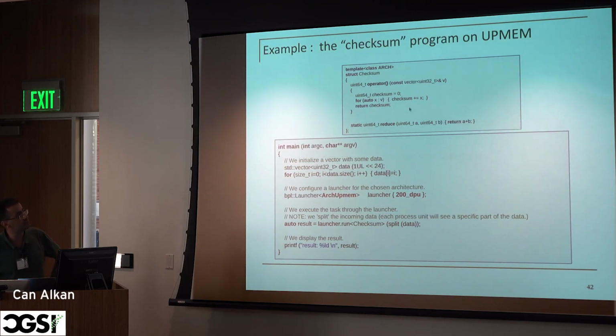This is just regular C++ code, simply summing them up. Then you put this into a BPL launcher, say arch upmem, and it launches into the DPU, and then you collect the data. One thing I omitted here: if you just change this from arch upmem to arch multicore, it becomes multicore. So it's not necessarily for UpMem only.